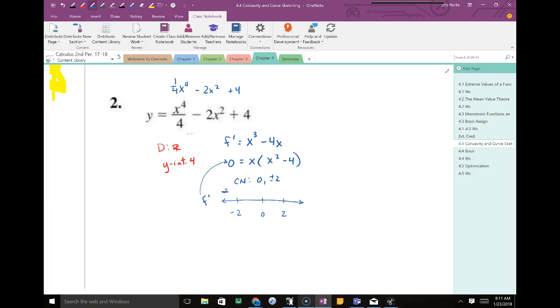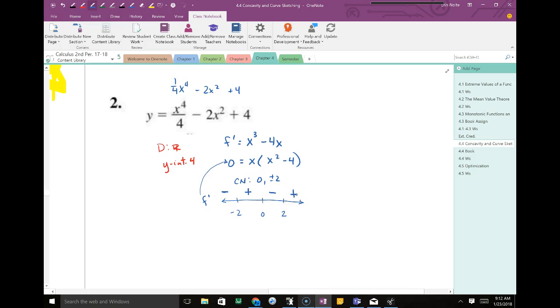I'd get a negative times a negative, which makes a positive. If I plug +1 in, I get a positive times a negative, which is a negative. And if we plug 3 in, that would be a positive times a positive. Everybody okay with that number line?